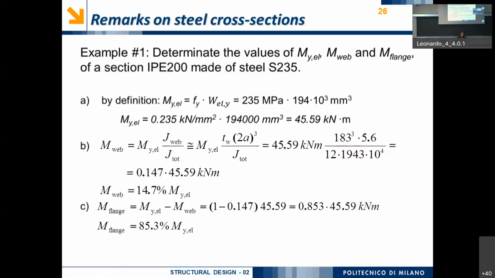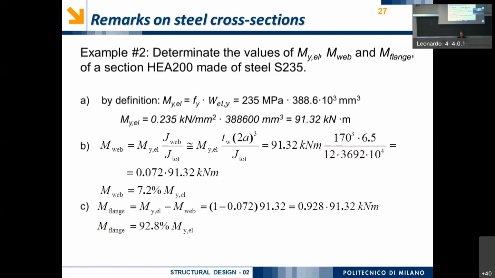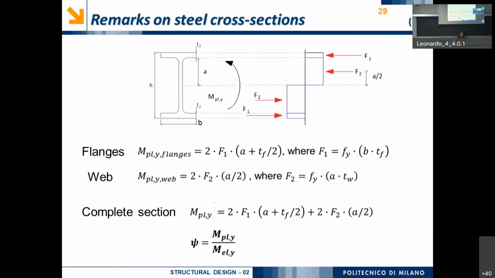Of course, I would like to show some other example, but I would like to do this in the next lecture. Before ending the lecture of today, I will show you what happens in the plastic range, because we have seen what happens in the elastic range.